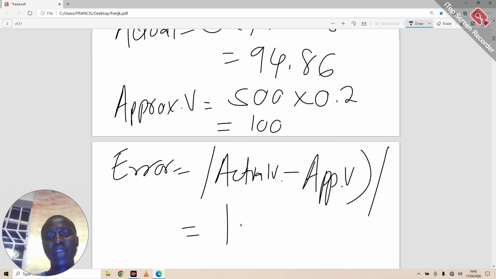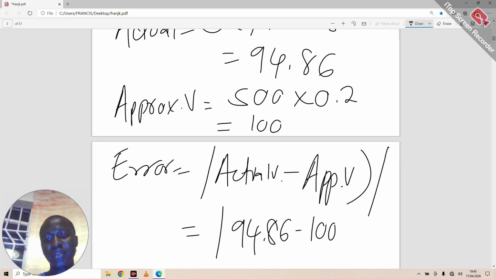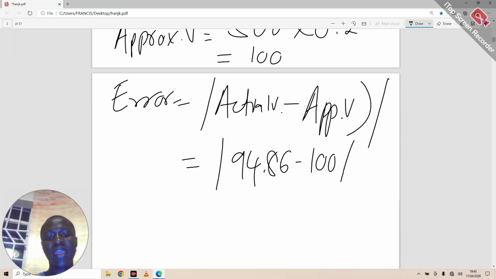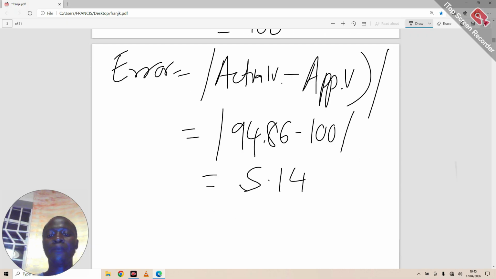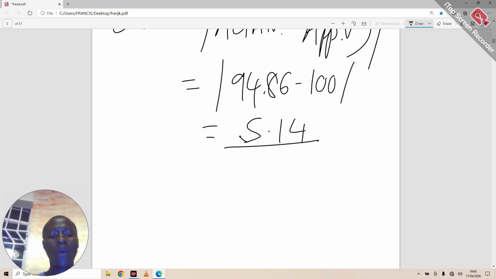So we have the actual value, which is 94.86 minus 100. We only need the absolute value, which is 5.14. So this is our error.